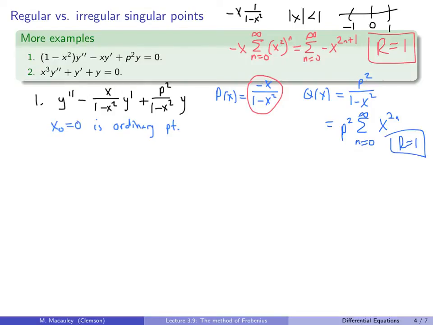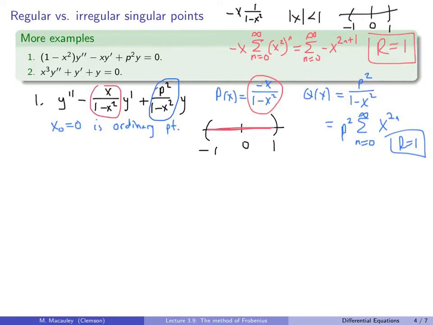So even though x not is an ordinary point, because these things are both analytic, both defined, we have to be careful because these things, which I write here and here, are only defined as power series within this region, negative 1 to 1.